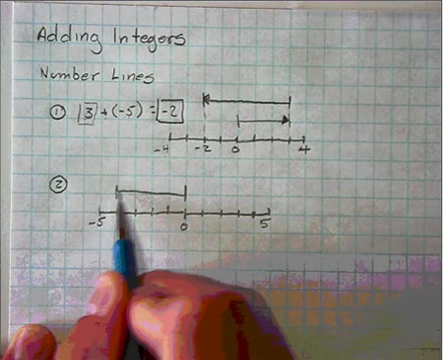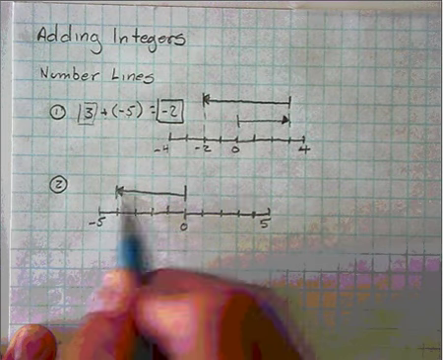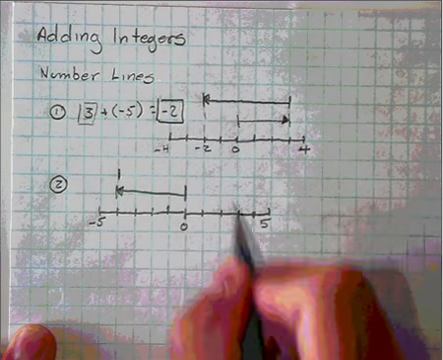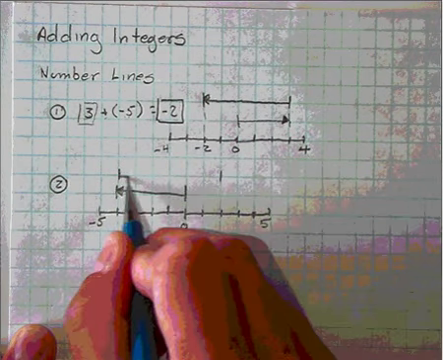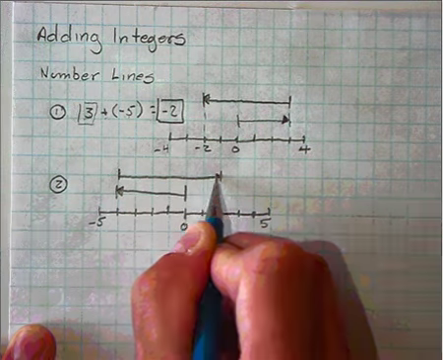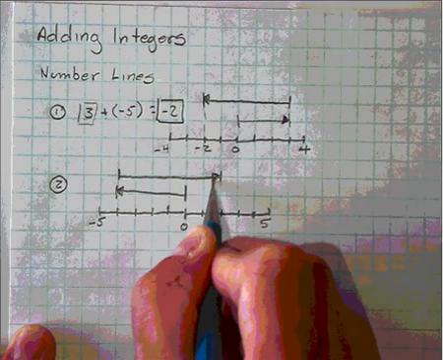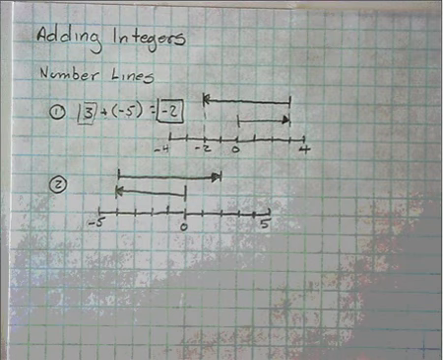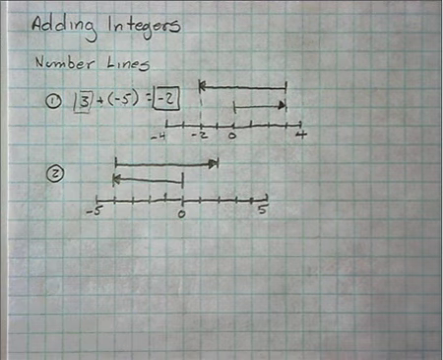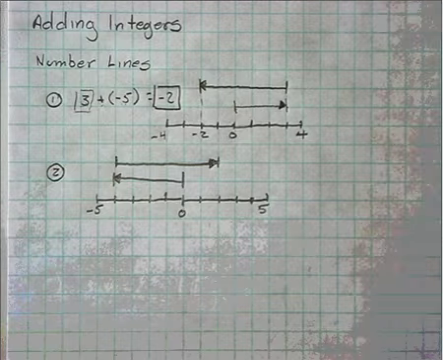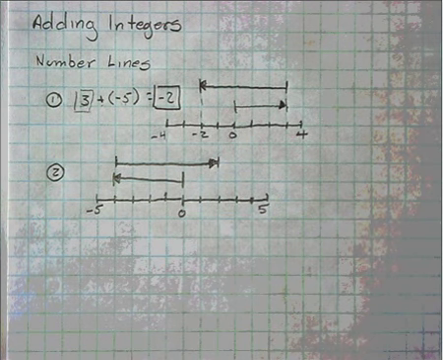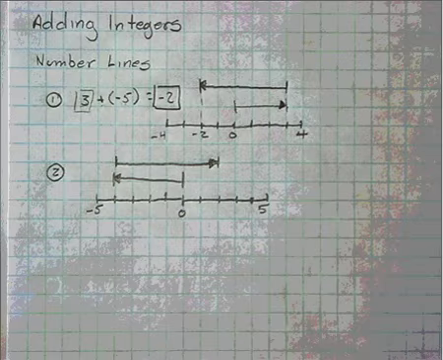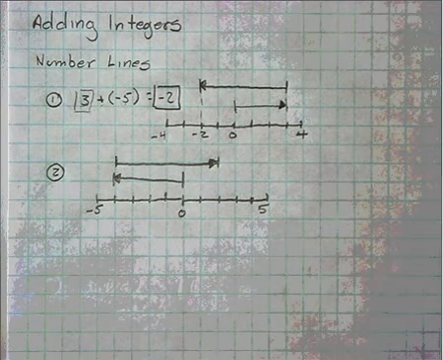Go to here, watching my arrows. And from there, I'm going to go to, let's see. Watching my arrows. So you have to determine what expression is being represented on that number line. Remember, look at the origin. Look at the direction that that's going.